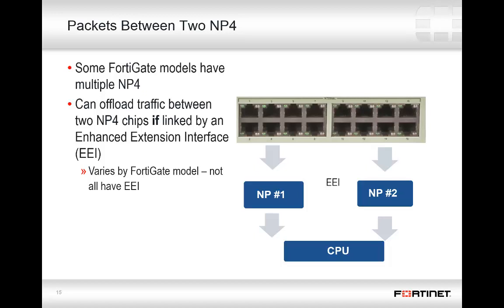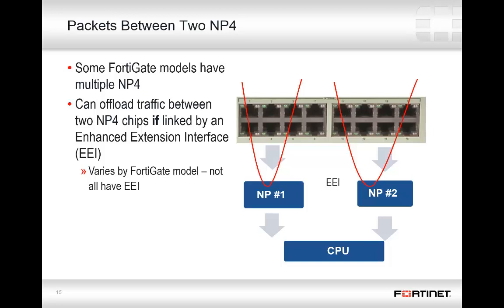Let's see an example. Here, port 1 to 8 are bound to the first NP, port 9 to port 16 are bound to the second NP. When both incoming and outgoing from the same NP4, traffic can of course be accelerated because it's handled by the same chip.